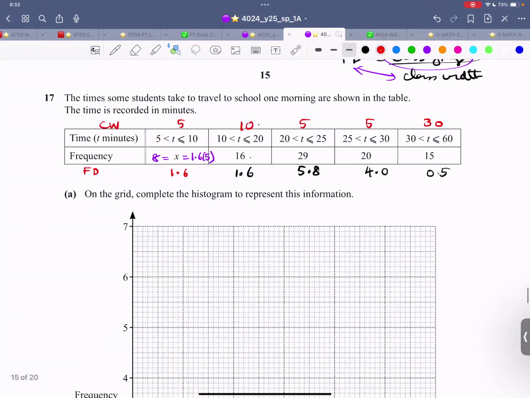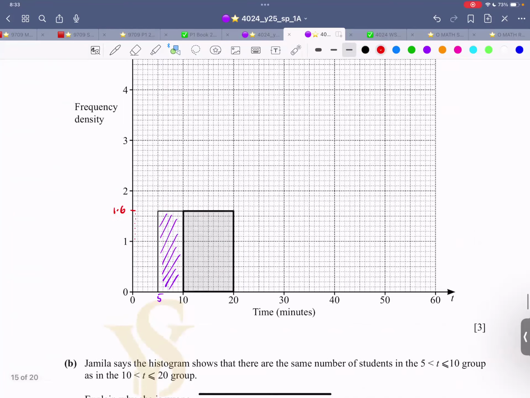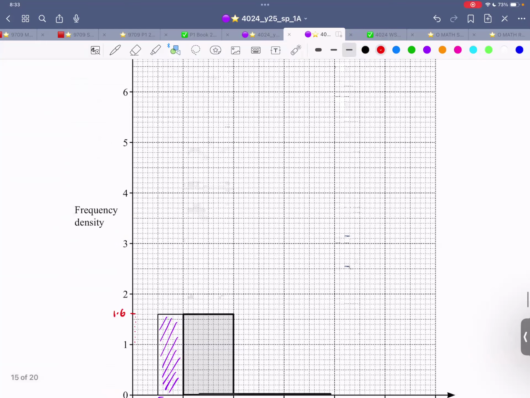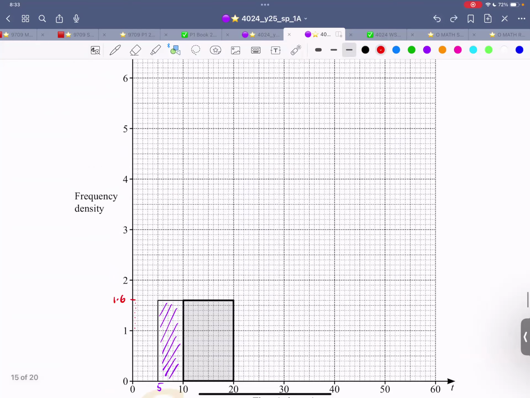And then we have 20 till 25, 5.8. That's a long way up. That's not an easy thing to draw, that is causing trouble. Let me just draw it roughly. So 20 to 25, hold for a second. Okay, like this.